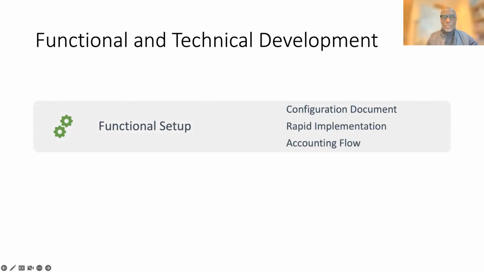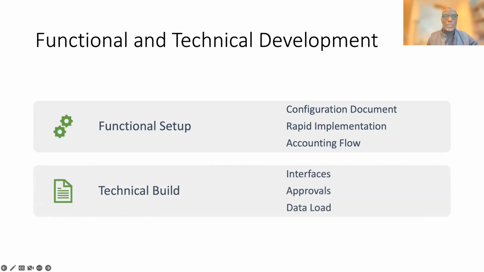So in terms of the build, this includes your functional setup, which is your config docs. You've got your rapid implementation spreadsheets that you would use for that purpose. You've also got your accounting flow that we looked at. And then you've also got your technical build, which will include your interfaces, includes methods of loading data using the FBDI loader, which is a series of spreadsheets that Oracle provide that enables us to load data into the application.